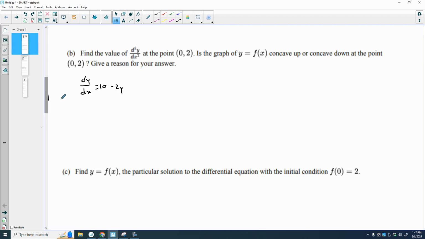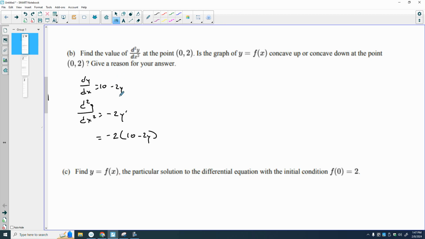So the second derivative, d2y over dx squared. The derivative of 10 is 0. The derivative of negative 2y is negative 2y prime, but y prime is just my derivative. So the second derivative is negative 2 times 10 minus 2y.